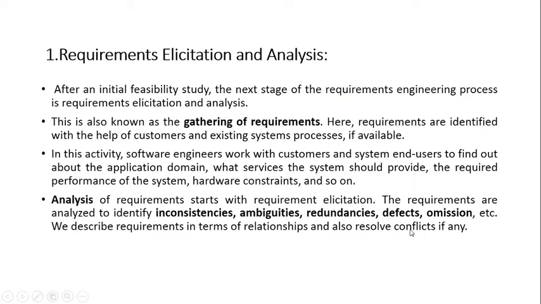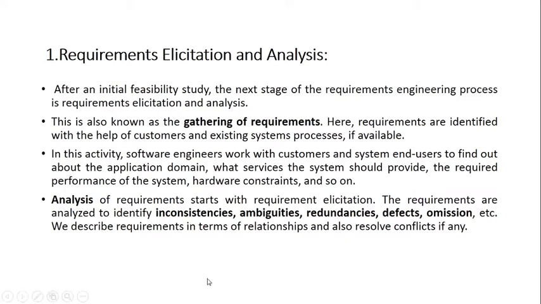Then any sort of error or defect has to be eliminated. That is true. Omissions mean incompleteness. Maybe we have tried to identify all possible requirements, but it might happen that one or two are left out, maybe due to lack of domain knowledge or because the stakeholders haven't specified that requirement. So we have to check for incompleteness also.